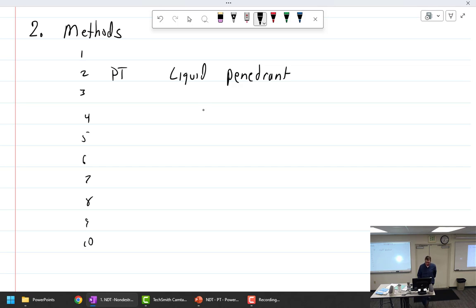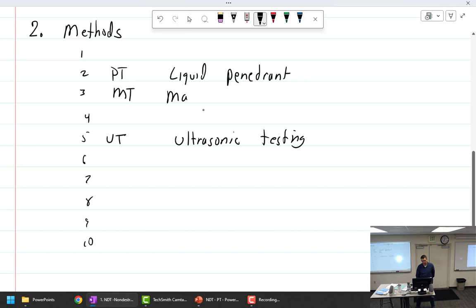So that's 1, 2, 3, 4, 5. 5 is my UT, for ultrasonic testing. Magnetic particle, or MT. Visual.